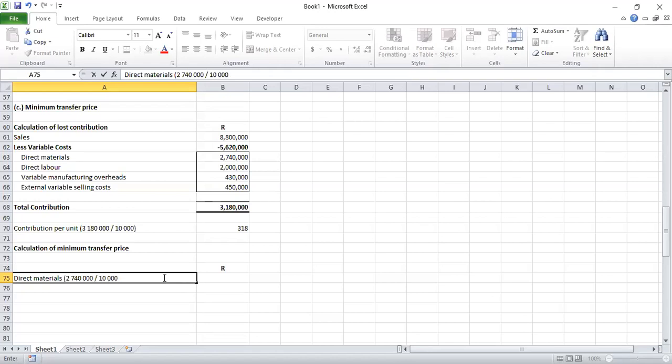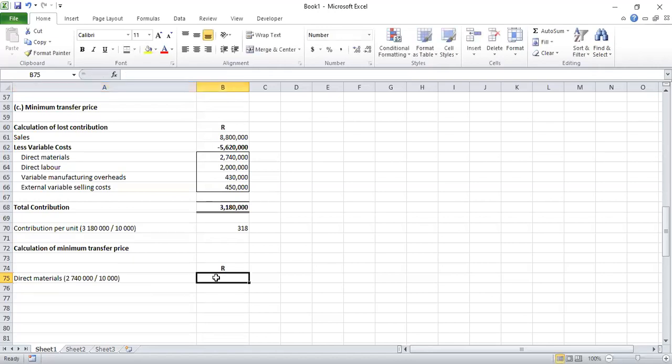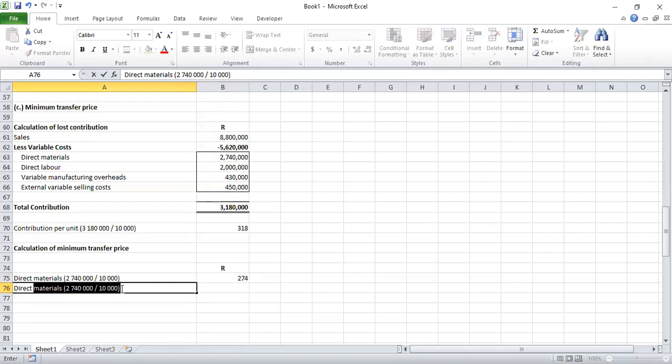What did you get? Is it 274? Correct me if I'm wrong there. Yes, it's 274. I'm not using a calculator there, but it appears straightforward. Direct labor, 2 million divided by 10,000, 200. Thank you.